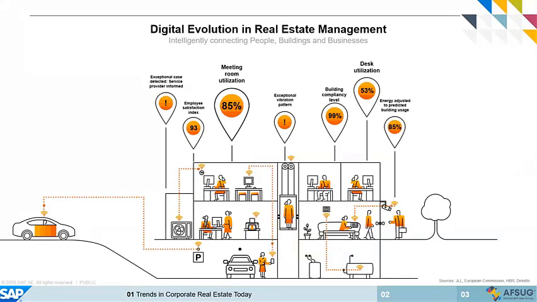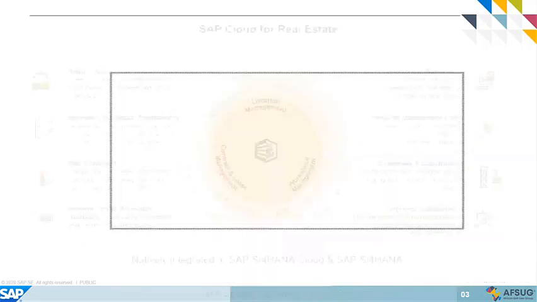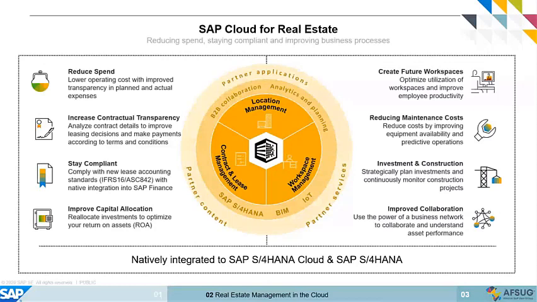So imagine if meeting room utilization could be managed with additional smart room booking solutions and real-time insights into that. And imagine if we could monitor building compliance based on the data that the building itself is sharing with us. With SAP, we don't have to imagine that anymore.